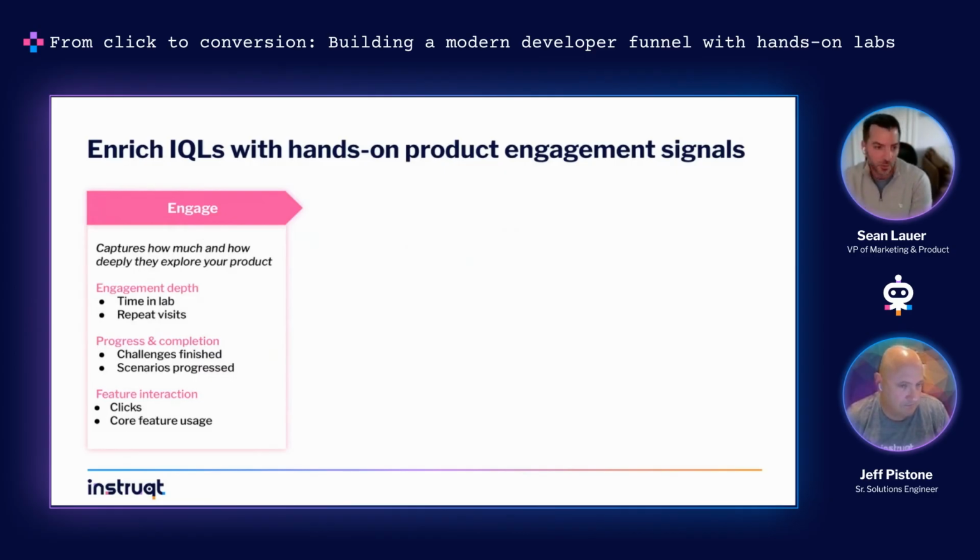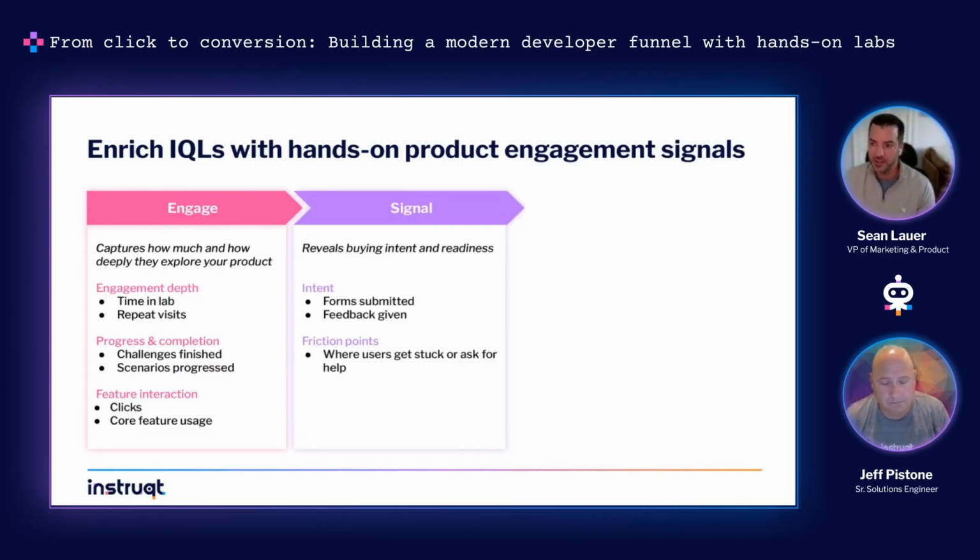First of which we're calling engage, which allows you to capture the signals about how much and how deeply prospects or leads explore your product. Everything from the time in the lab, repeat visits, the number of challenges finished, the number of scenarios progressed, and then basic things like clicks and core feature usage.